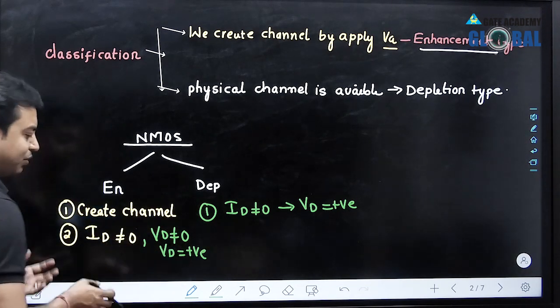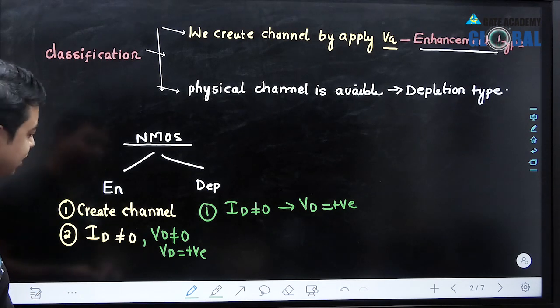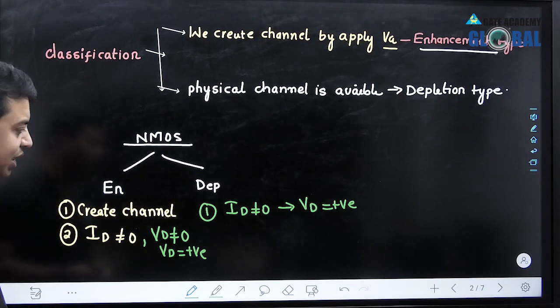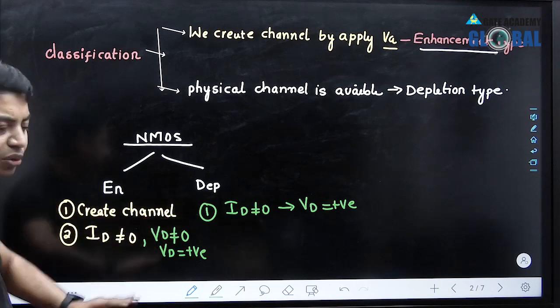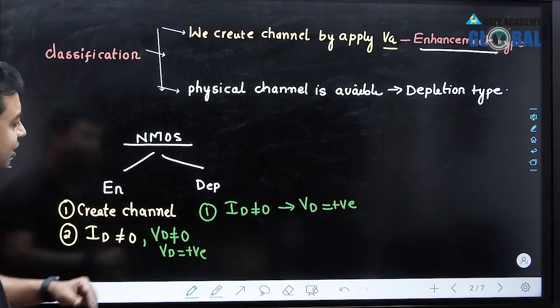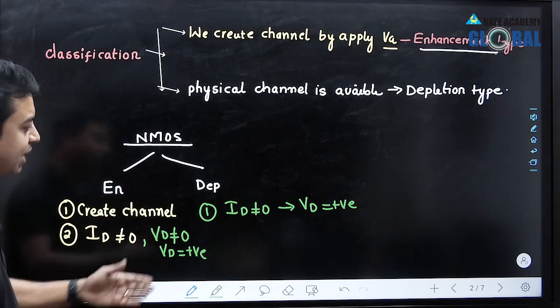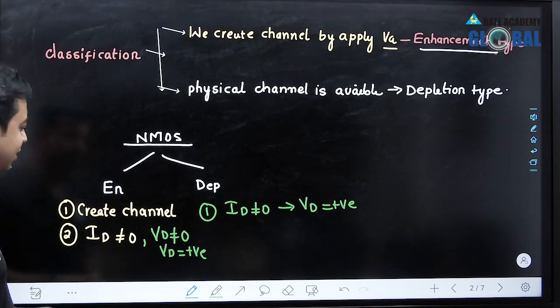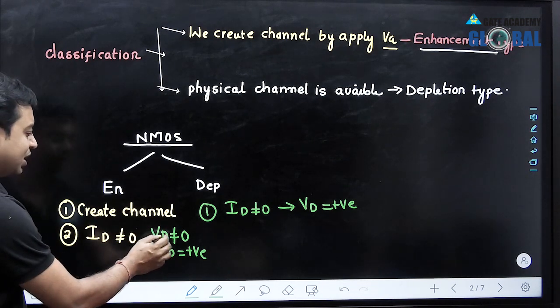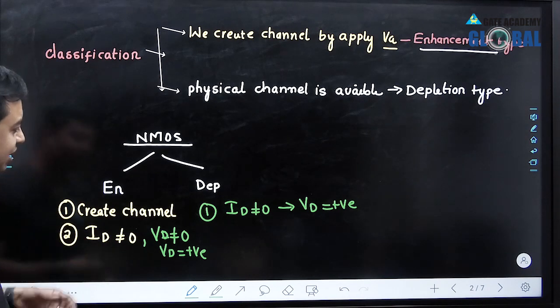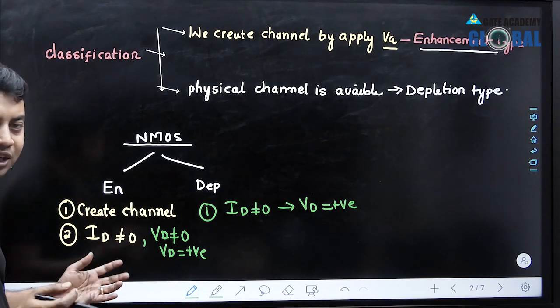But what is the difference between these two? The difference is that here we have to create the channel, and here we don't have to create the channel. Because physically the channel is available, we can get the current by applying a drain terminal voltage. But if you apply a drain terminal voltage directly without creating the channel in enhancement mode, we don't get a current.